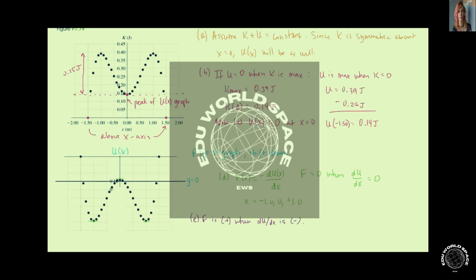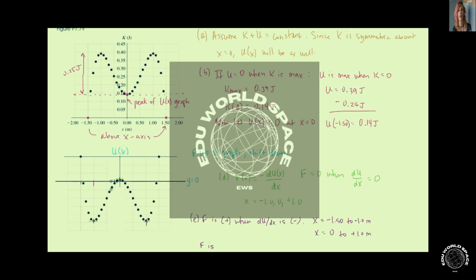So dU dx is negative from x equals negative 1.5 to negative 1.0 meters, like in this range here, and then from 0 to positive 1.0 meters.